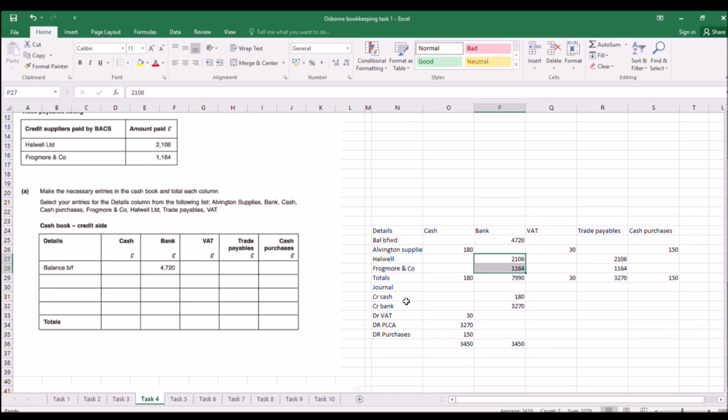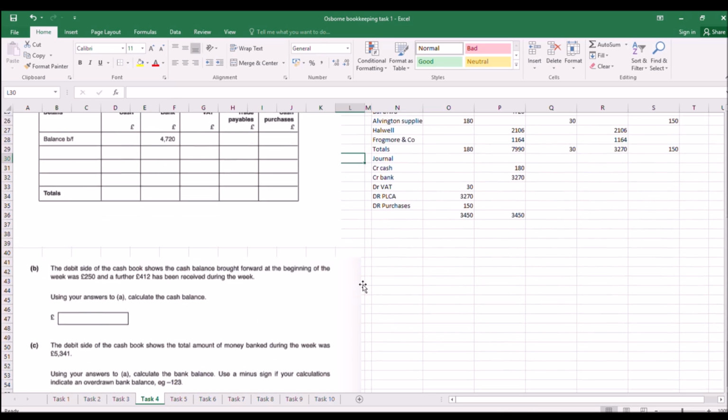So that would be the journal anyway that we posted in there. You can see how it balances. So we've got our fundamental accounting equation working as well. What you've got in this cash and bank, which in this case would be credits, will be on the other side matched over here by debits.